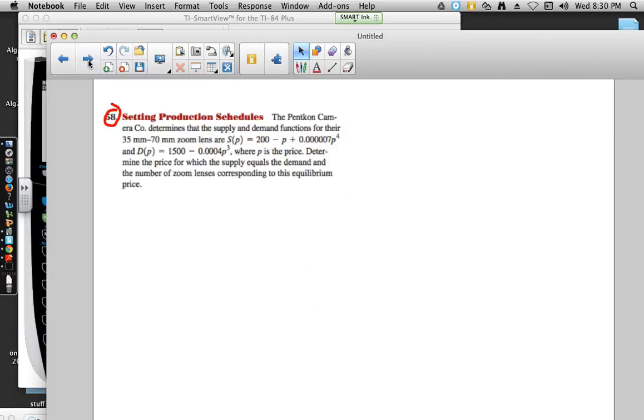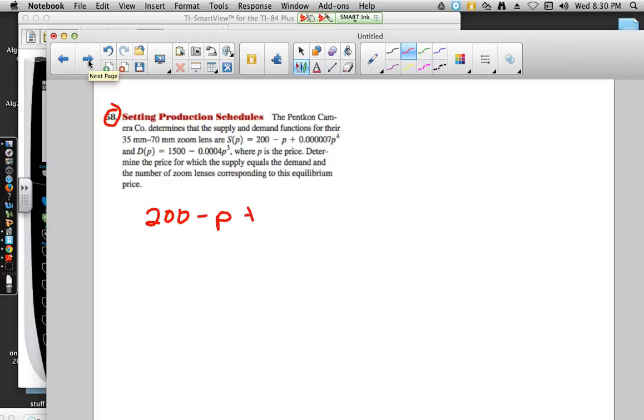Again, if you're looking at something saying, hey, I don't remember doing that by hand, then yeah, it's because we didn't. So we have the same thing, supply and demand functions. They're just changing this to make it zoom lenses. So we're going to need 200 minus p plus 0.1234507 to the fourth.